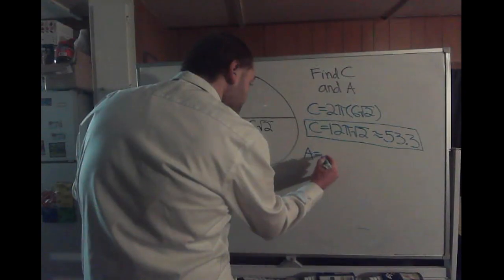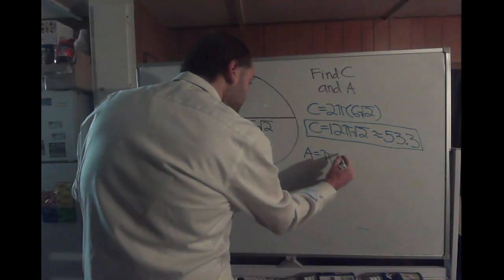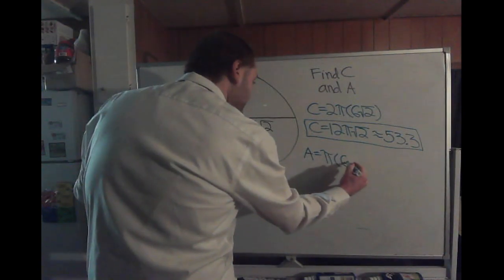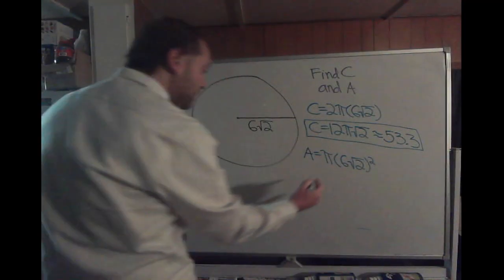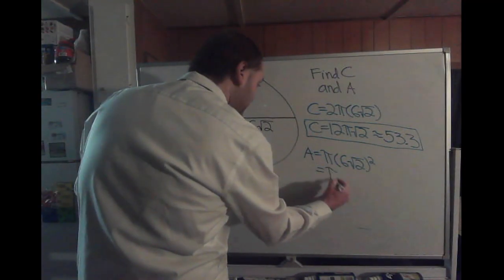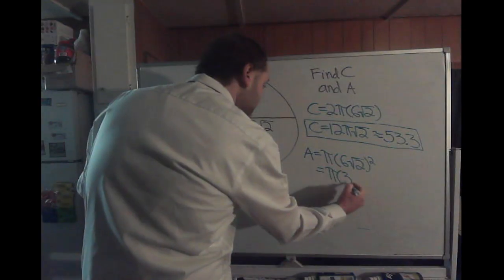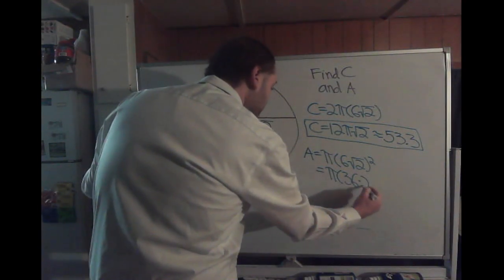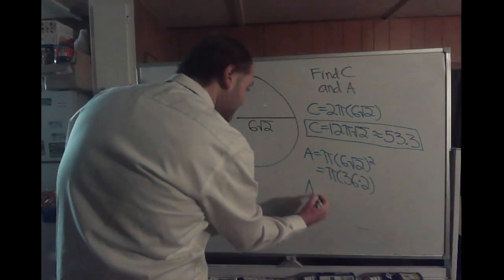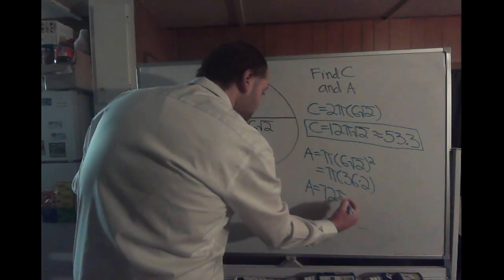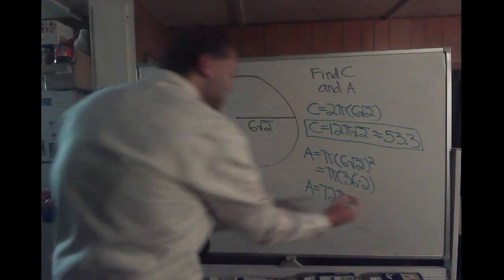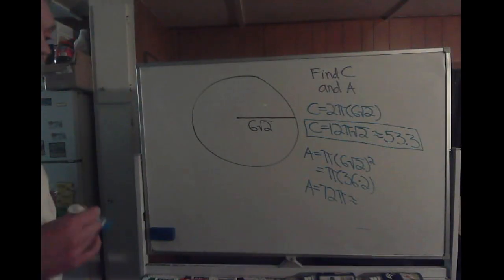Now we'll find the area. The area, of course, is equal to pi times that radius of 6 times the square root of 2 squared, which is going to be equal to pi times 36 times 2, which means the area is exactly equal to 72 pi square units. But we want to get a decimal approximation here.